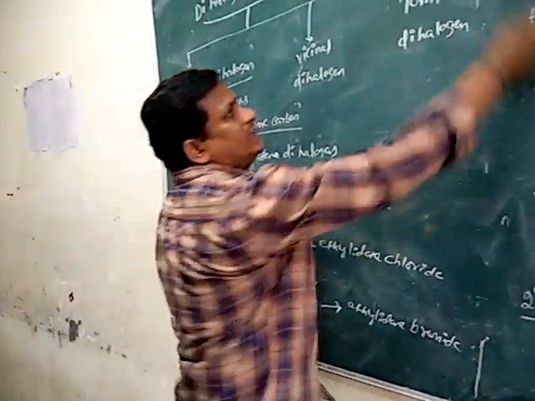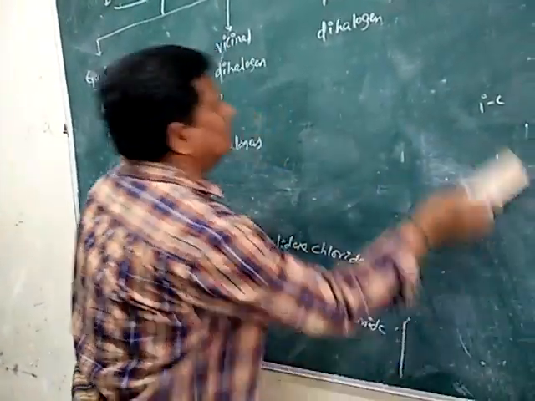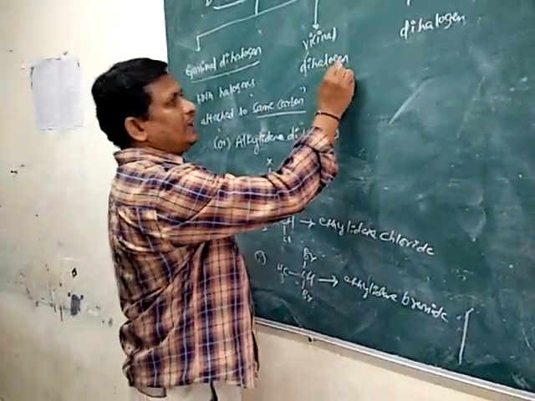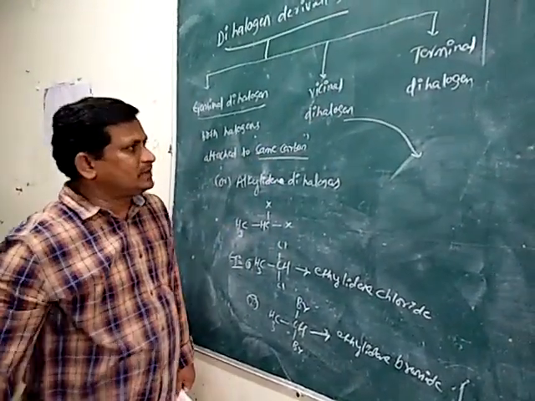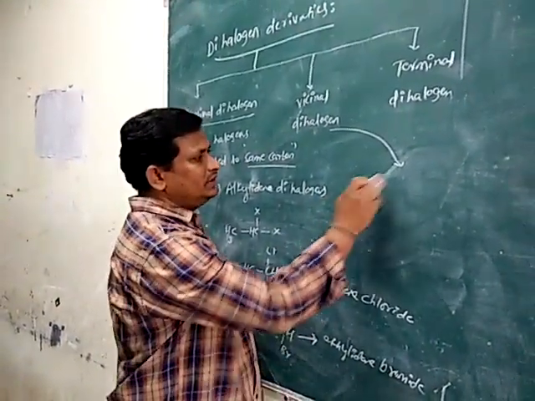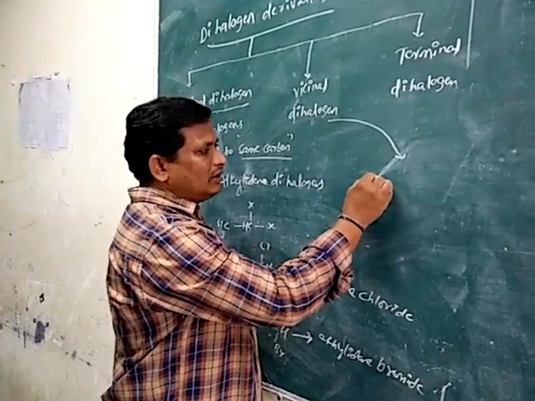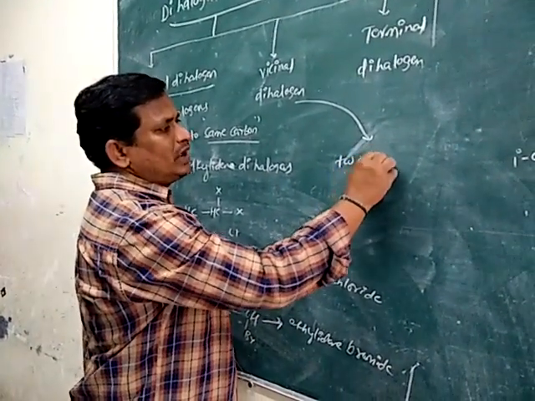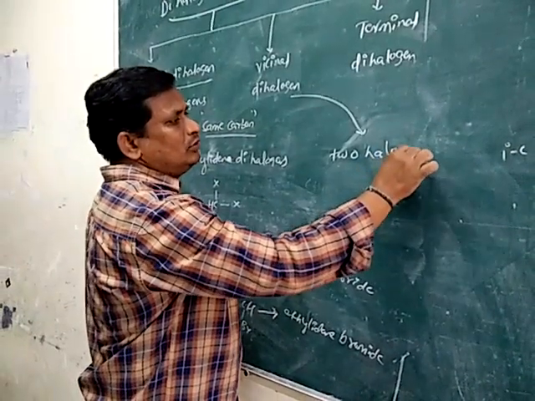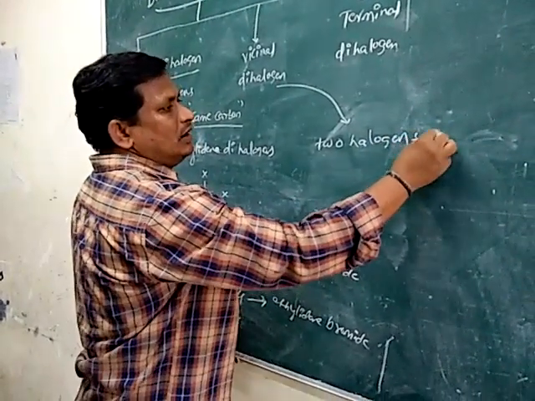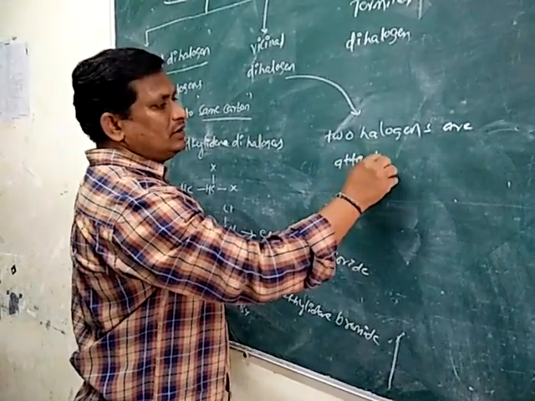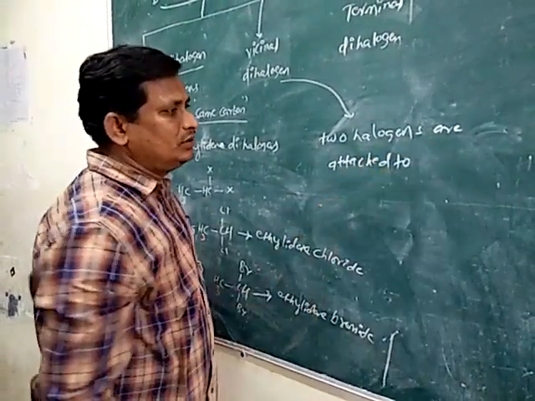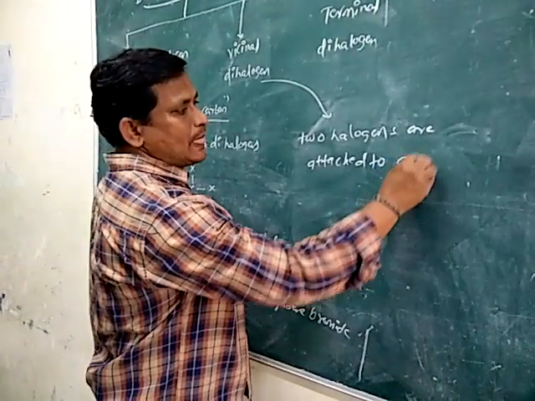So the next one is vicinal dihalides. Vicinal dihalides means in these compounds two halogens are attached to adjacent carbons.